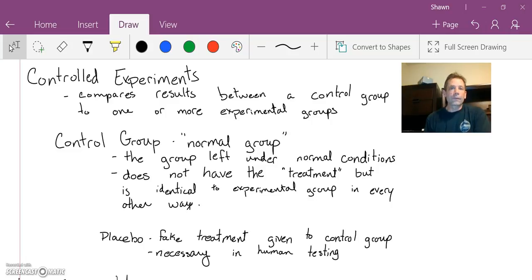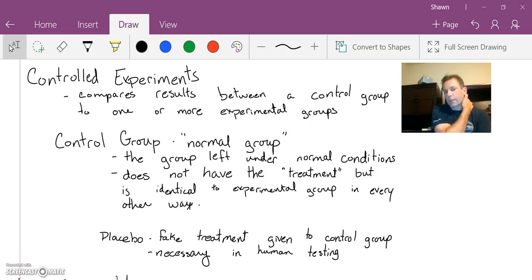Remember, if we didn't have the control group, there would be no way to tell that this variable actually made a difference. And we'll talk about these variables, and you've talked about them in middle school, the independent variable versus the dependent variable. Well, we wouldn't know if the independent variable made any difference if we didn't compare it back to the control group.